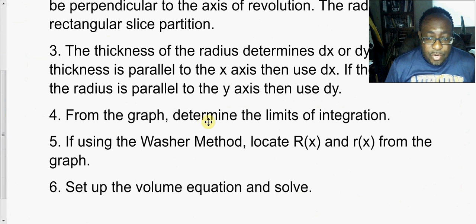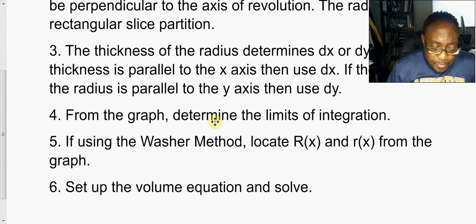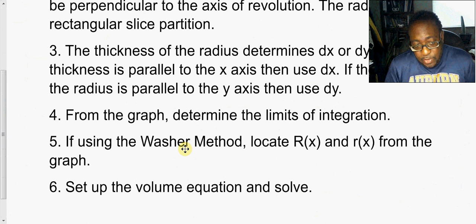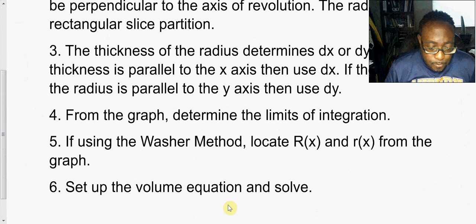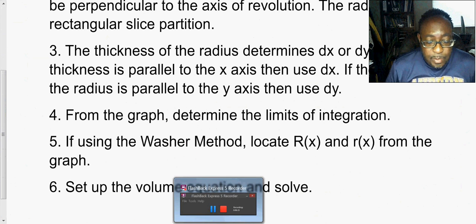From the graph, determine the limits of integration. If using the washer method, then you must locate and be able to distinguish between capital R of x and little r of x from the graph. Then from there, you want to set the volume equation up, and then solve. Let's consider some problems from this section.